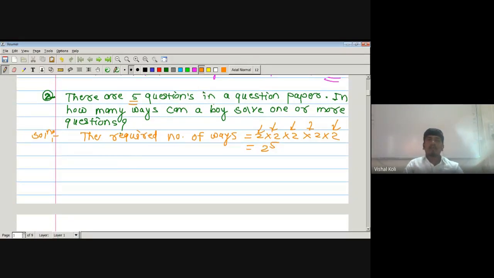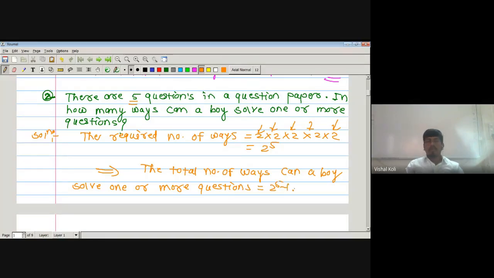Therefore the required number of ways a boy can solve one or more questions will be 2 to the power 5 minus 1, which implies the total number of ways a boy can solve one or more questions is equal to 2 to the power 5 minus 1.